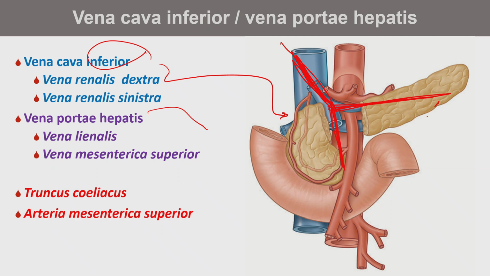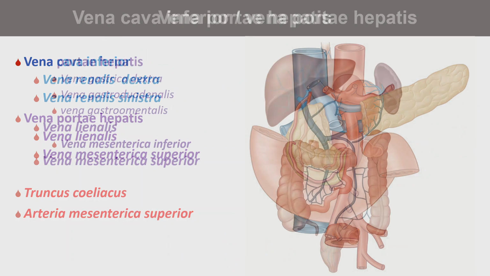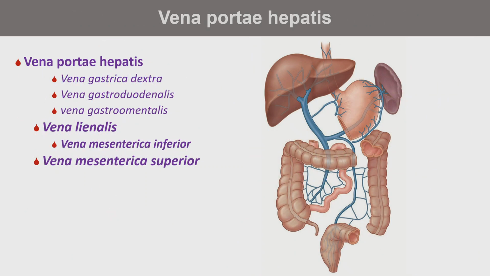And they are the lienal vein or splenic vein, and here the superior mesenteric vein. Those are two sources, two radices, two roots of a portal vein. And those veins then also take blood from other systems.